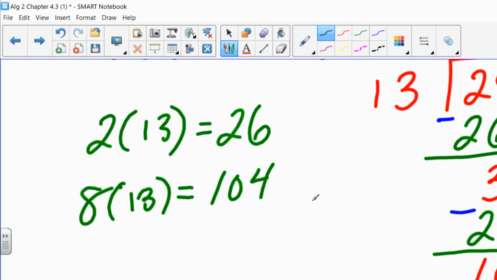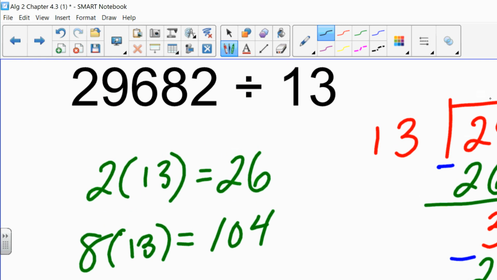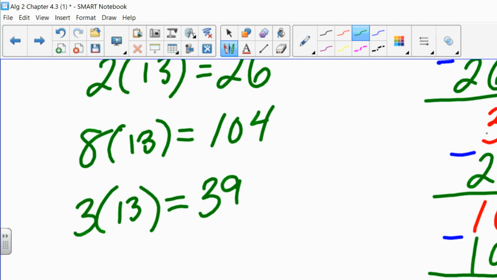Bring down the 2, exactly. Then our next number would be 3, and we do 3 times 13, as we've already said, would be 39. And we would subtract, which will tell us that this is 3.